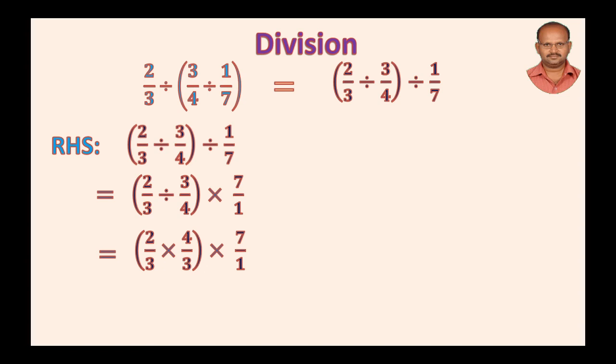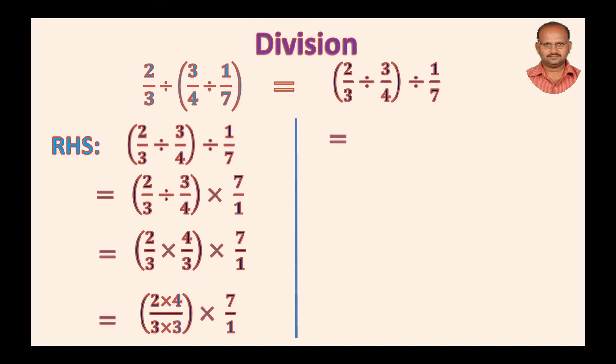That is equal to 4 into 2, the product of numerators, by 3 into 3, the product of denominators, into 7 by 1. That is equal to 8 by 9 into 7 by 1. 8 sevens are 56 by 9.